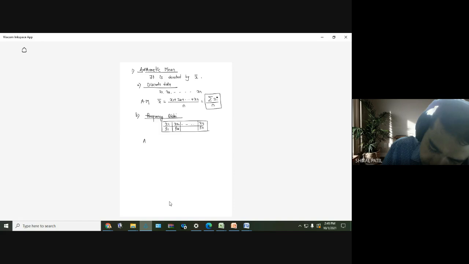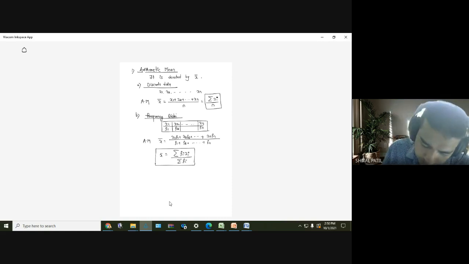X bar, arithmetic mean, equals x1 f1 plus x2 f2 and so on up to xn fn, divided by F1 plus F2 up to Fn. This is the formula to find x bar.